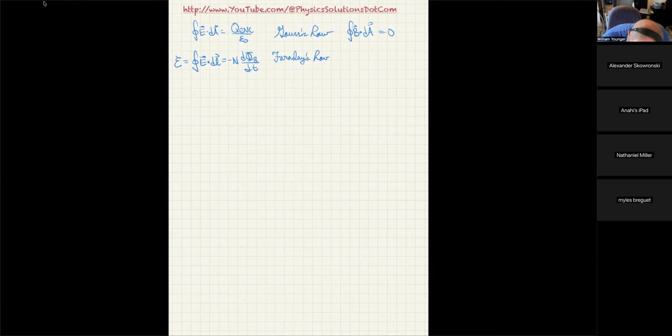And then there's another one for magnetism, and I'm going to write it under it. The one for magnetism is called Ampere's law, and it's not quite correct. Right now, we know B dot dl is equal to mu zero times I enclosed.